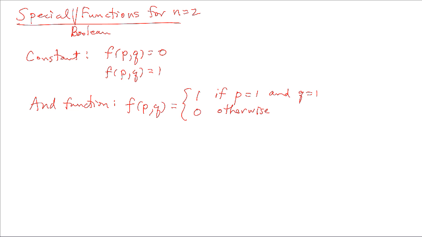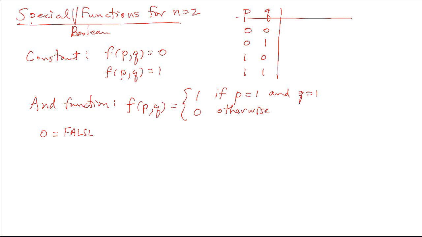Okay? And what we're going to do is interpret p and q as true and false values. Let me make the table with the 4 values in it. And I'm going to interpret a 0 as being false and a 1 as being true.